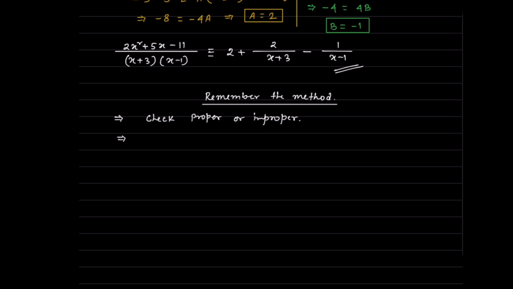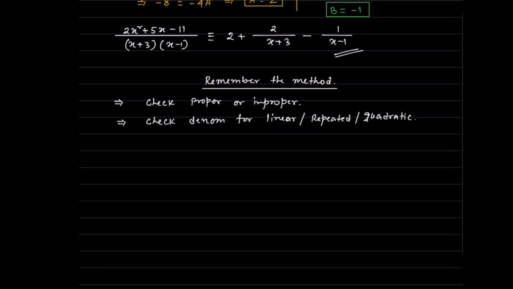Number 2, check the denominator for linear, repeated or quadratic. Okay, without this identification you cannot apply the formula. Whatever formula you are going to apply is based on this identification. So these first two things are very important.